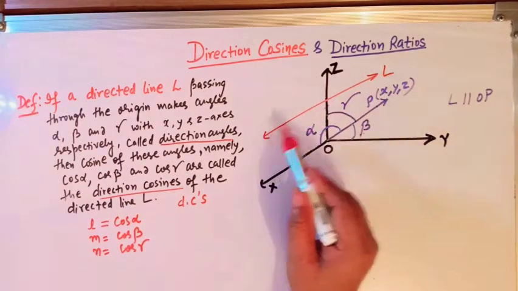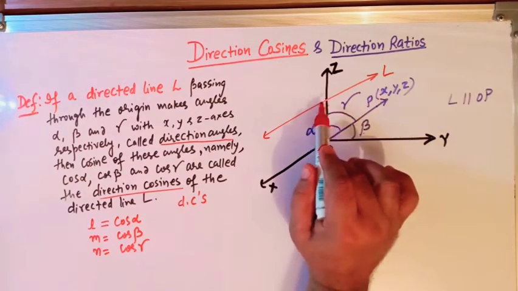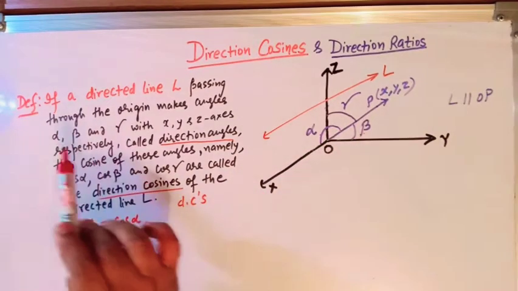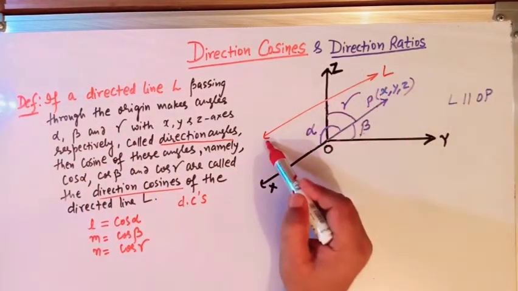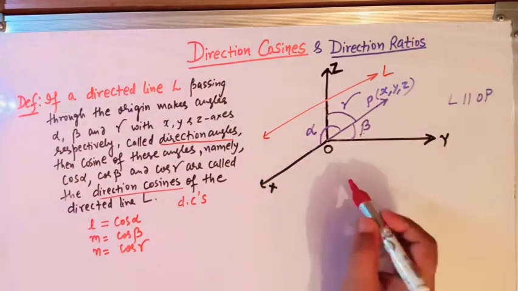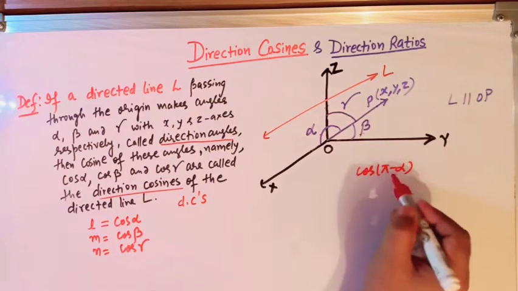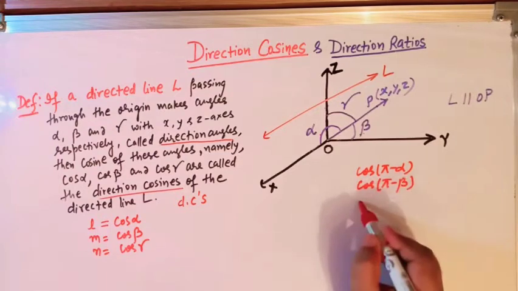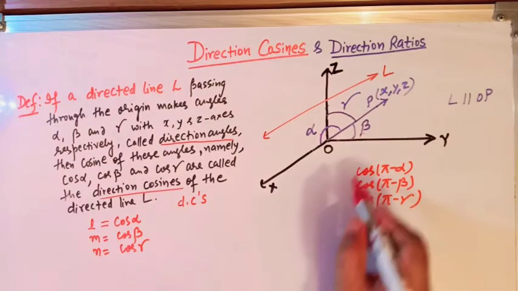Here we have shown two directions because a line can be extended in two directions, but if we take this direction, then the direction cosines will be cos of pi minus alpha, cos of pi minus beta and cos of pi minus gamma, right?